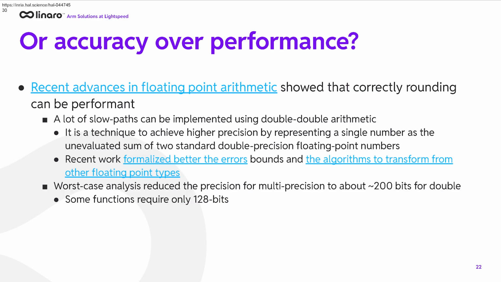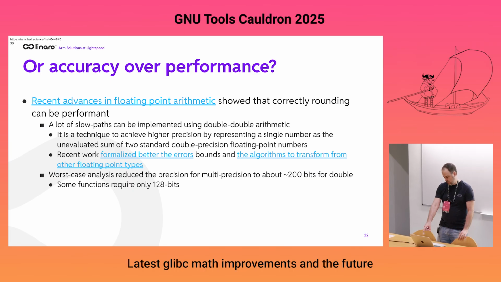On this accuracy over performance, we still have new recent advances in floating point arithmetic that show that correct rounding can be performant. And the slow path can be implemented using double-double arithmetic, which is the same strategy IBM uses for its long double on some ABIs. The new math advances are mainly to define what kind of error you're going to expect for this double-double arithmetic.